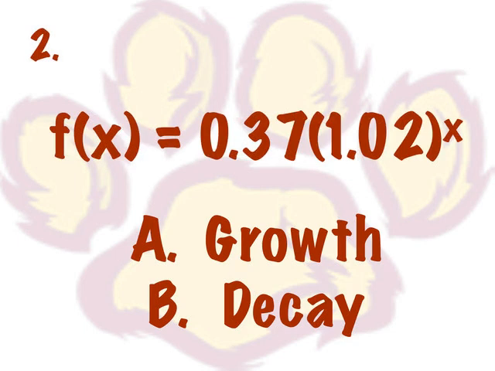Number 2, f of x equals 0.37 times 1.02 to the x power. Is it A, growth, or B, decay?